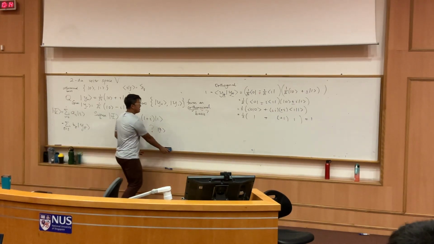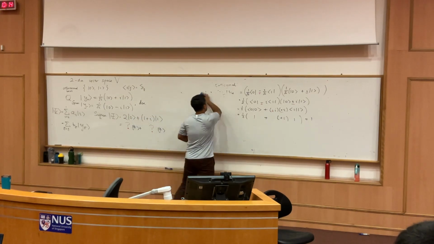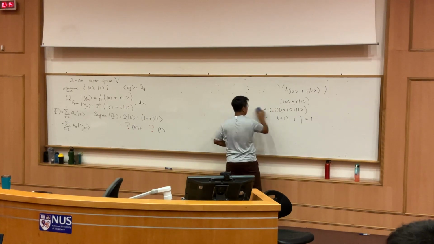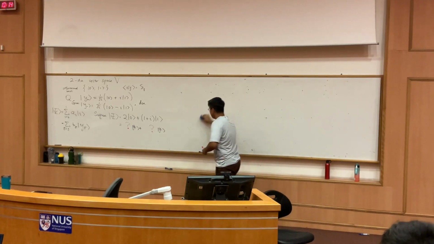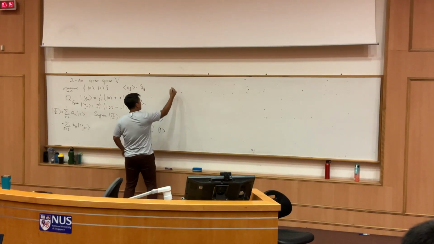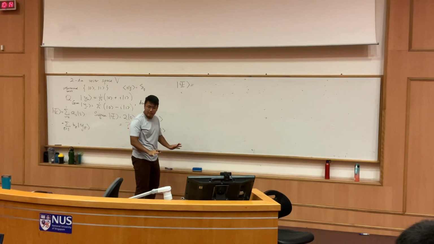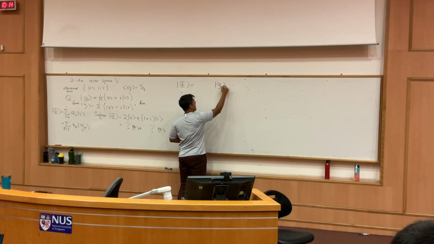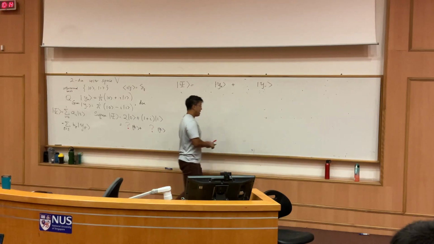Okay, here's one way of doing it. There are many ways of doing it, but here's a simple observation. So we know for a fact that this can be written as something plus something minus.